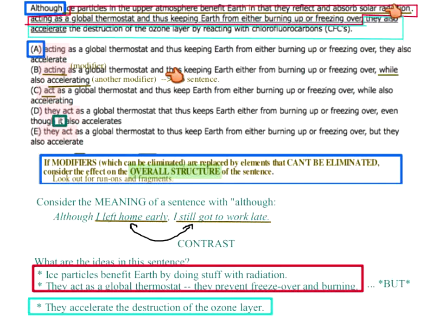So it describes the fact that these things reflect and absorb solar rays, benefit Earth by reflecting and absorbing stuff. So it modifies the previous idea. That's what you want. If you don't know how ing works in general, then you should consult the strategy guide.